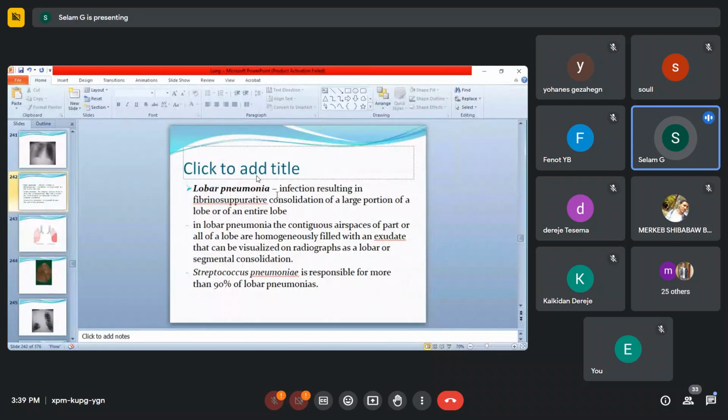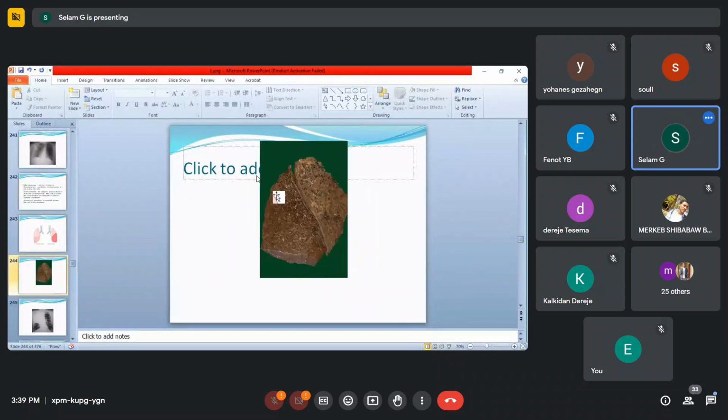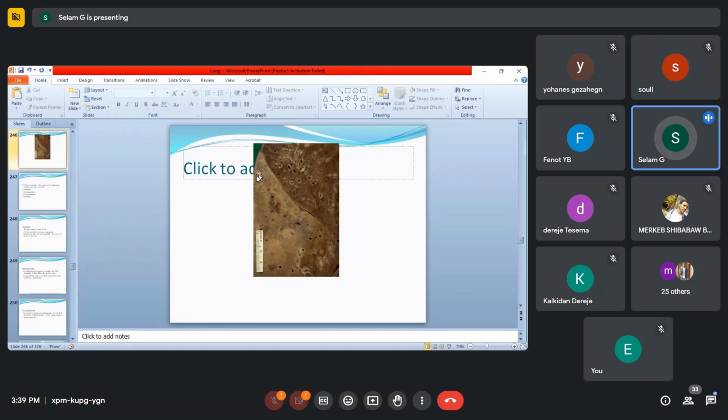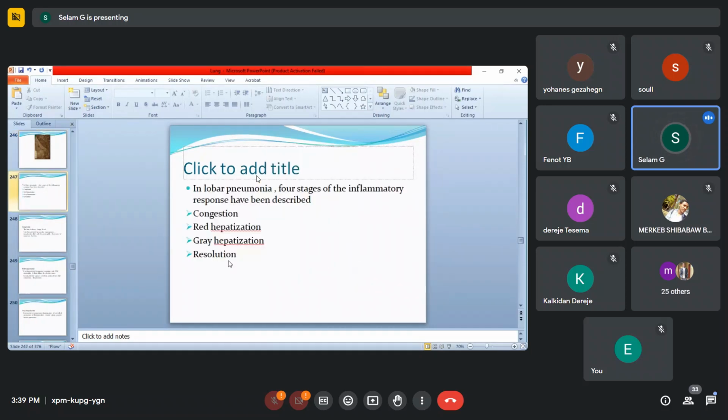Strep pneumoniae is responsible for more than 90% of lobar pneumonias. So an entire lobe has been involved by an entire hypoechoic area. An entire lobe is being involved by lobar pneumonia.